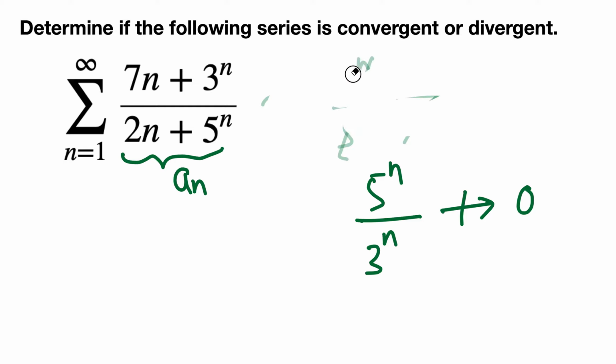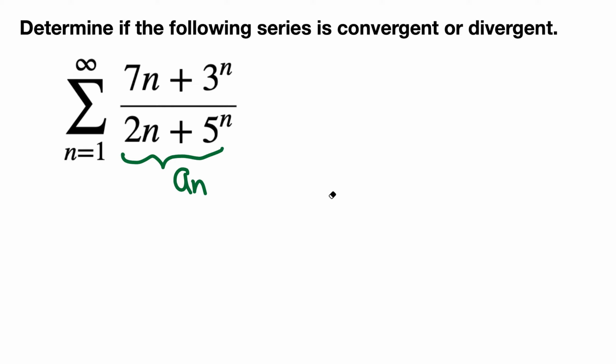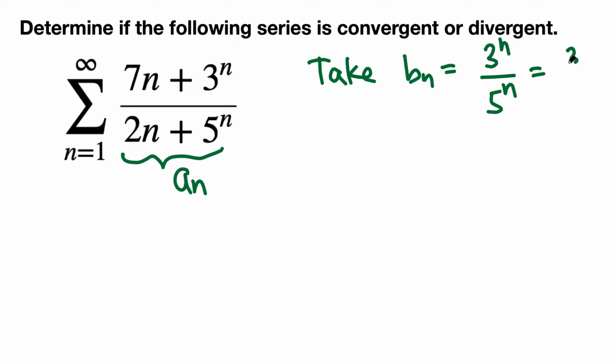Now we want to take help of a much simpler series whose terms take just the leading terms, 3^n and 5^n. This is the same as (3/5)^n.